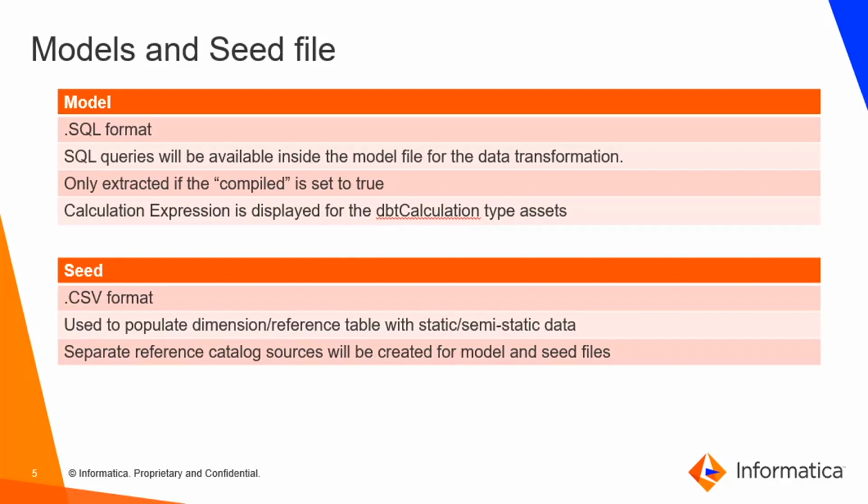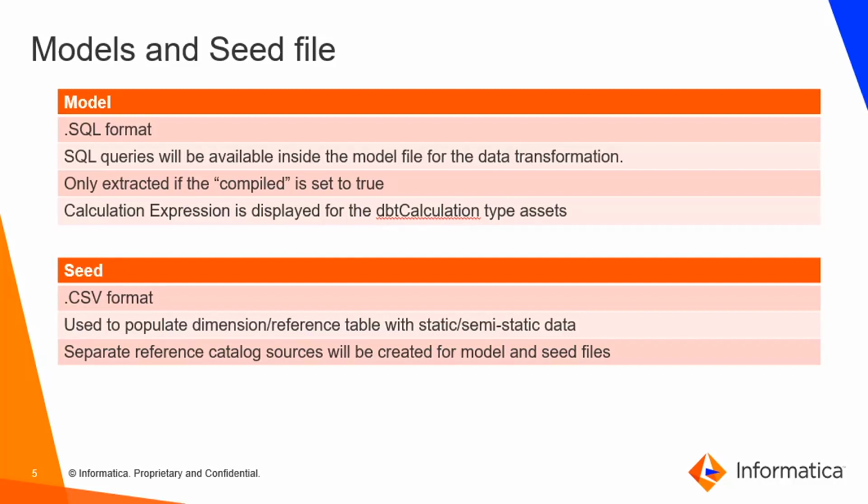Whatever SQL query we use to perform the data transformation is written inside the model file. Once you run this model, the value for compiled becomes true, and only then can our scanner fetch the metadata to CDGC. You can confirm this compiled option in the manifest file by searching for the keyword compiled.